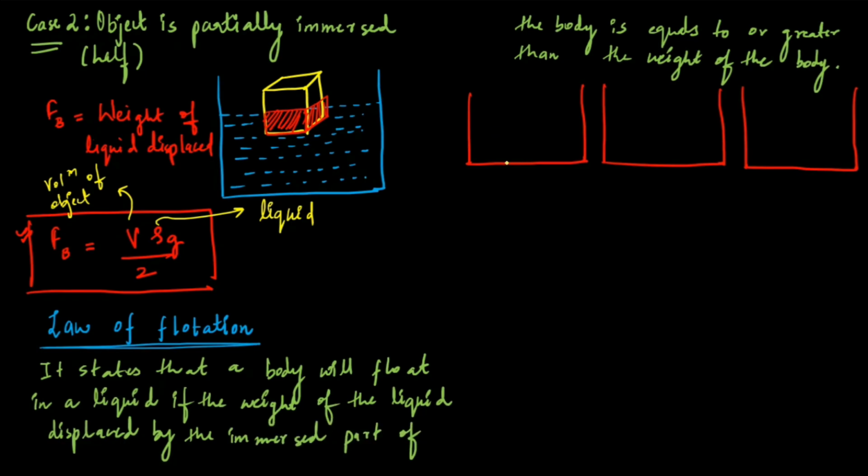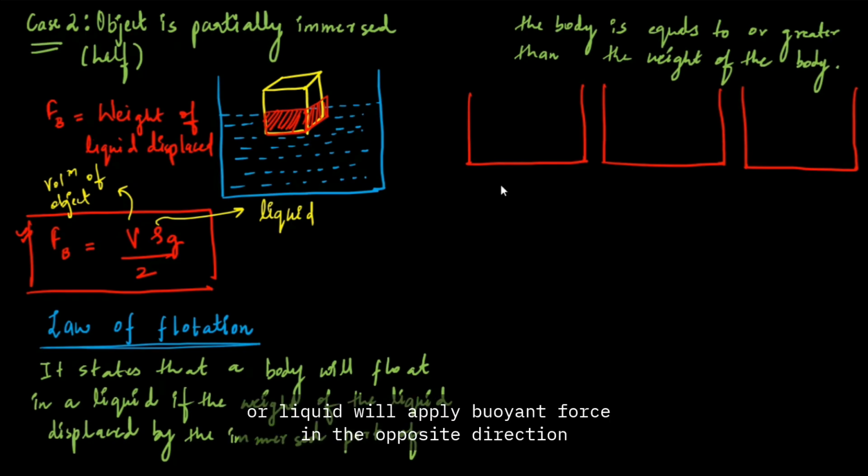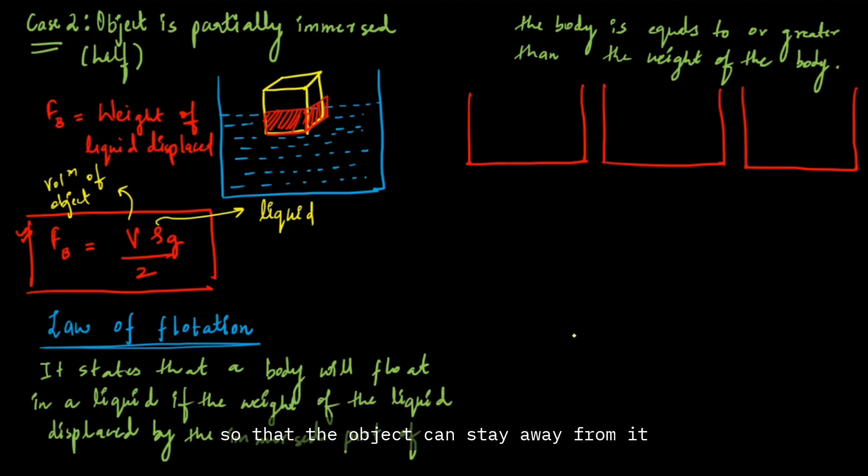So what does it show? It shows the behavior of water molecules, that water or any other type of liquid wants to interact with the same type of molecules. If some foreign agent comes inside it, it will try to repel it and let it go away from it. That is the reason why a liquid will apply buoyant force in the opposite direction, so that the object can stay away from it.